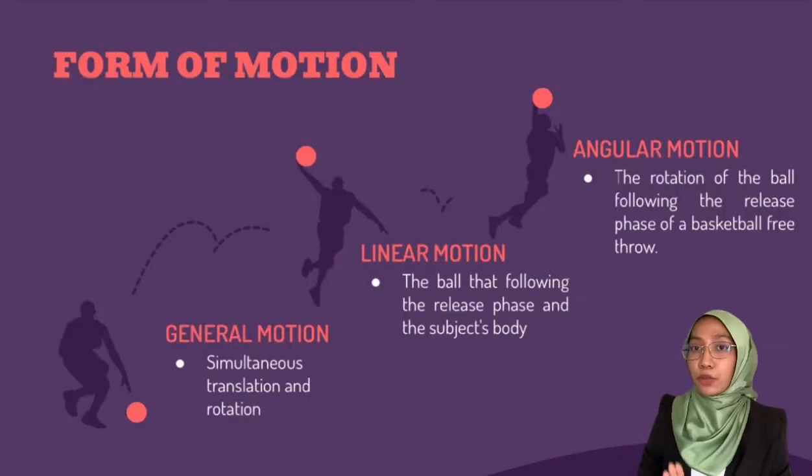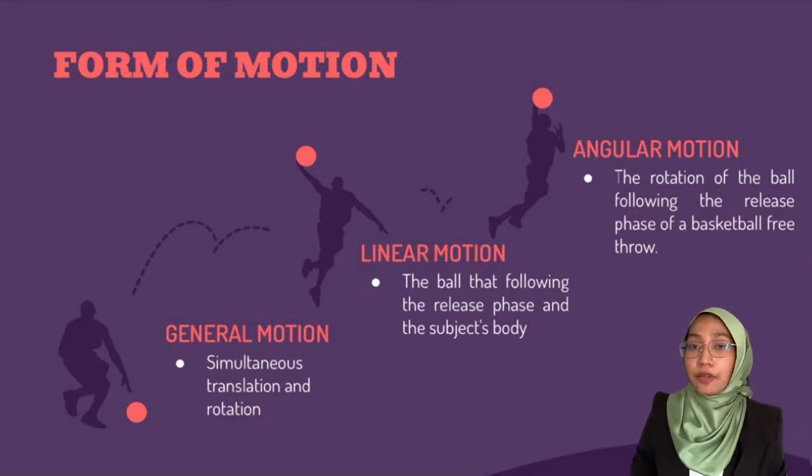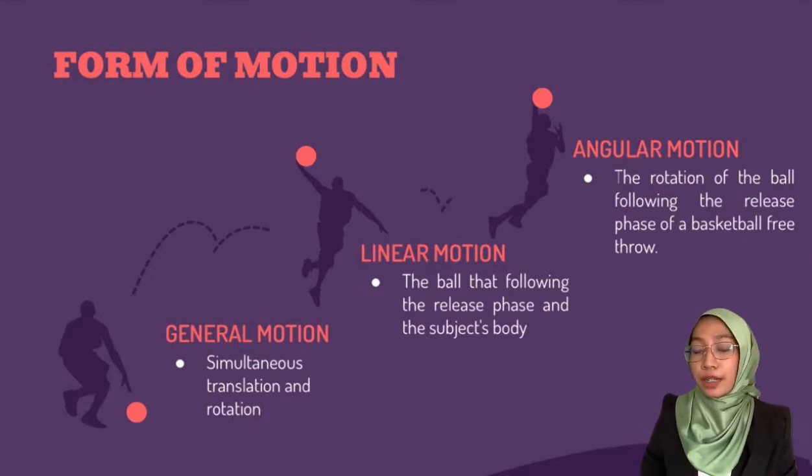For the form of motion, general motion, linear motion, and angular motion are the 3 types of motion. First is general motion, which includes simultaneous translation and rotation. Second is linear motion, where the ball follows the release phase and the subject's body.